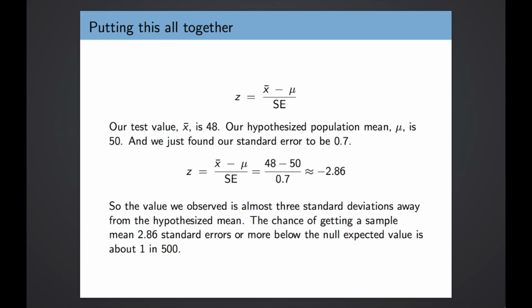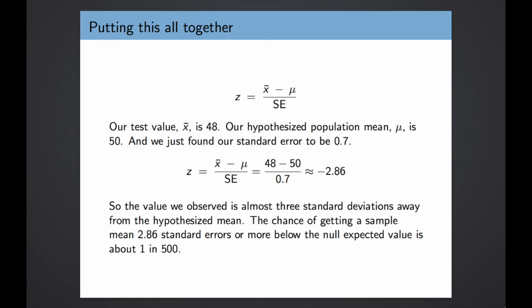We are going to take our test value, x bar, 48, minus our hypothesized mean, our expected mean of a sample if the population mean is actually 50, and then we're going to divide that by our standard error of 0.7. So 48 minus 50 divided by 0.7 is approximately negative 2.86.